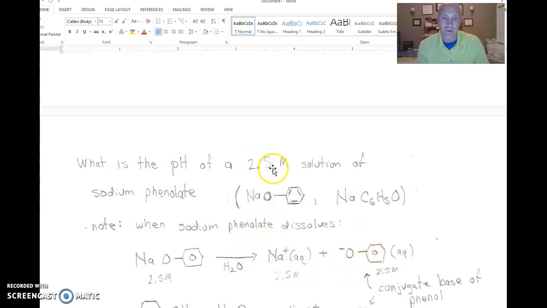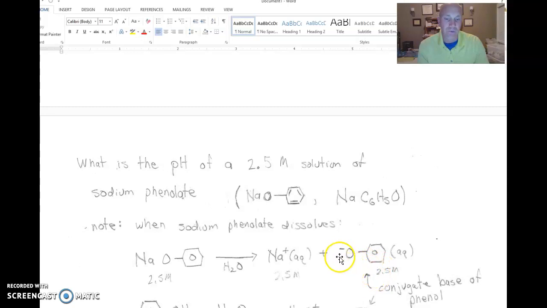And since we had a 2.5 molar solution, if 2.5 molar of this were to dissolve, well, for every one of this, you generate one of this and one of this. So we know that the concentration of the phenolate dissolved in the solution would be 2.5 molar. At least at the beginning, before, as you'll see in a second, it acts as a base. So this would be the starting position for that.